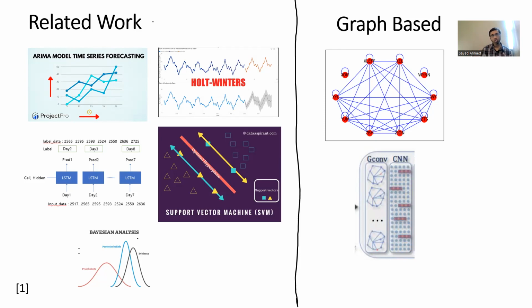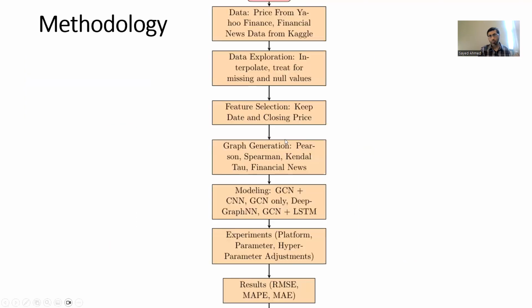Then it used a graph convolutional neural network and convolutional neural network combo to predict stock price. I did something similar because I'm trying to simulate the work. This is the methodology I used when implementing the same thing and trying to extend it.